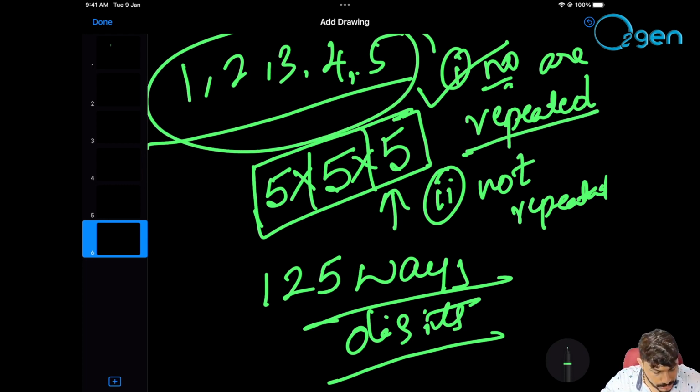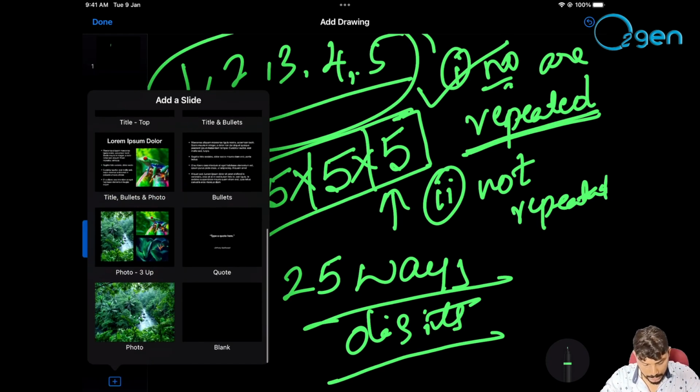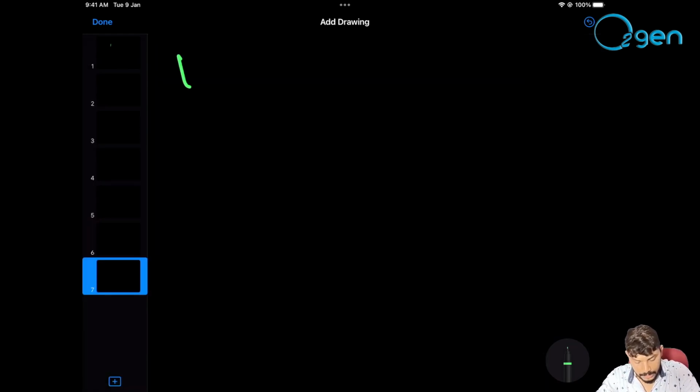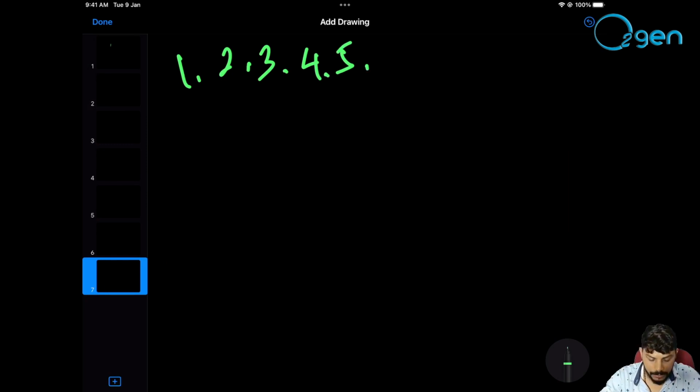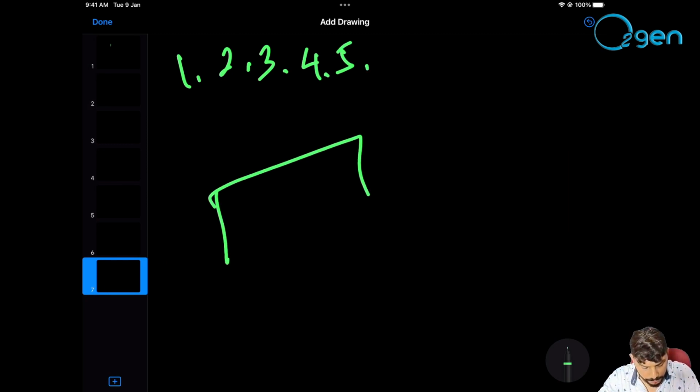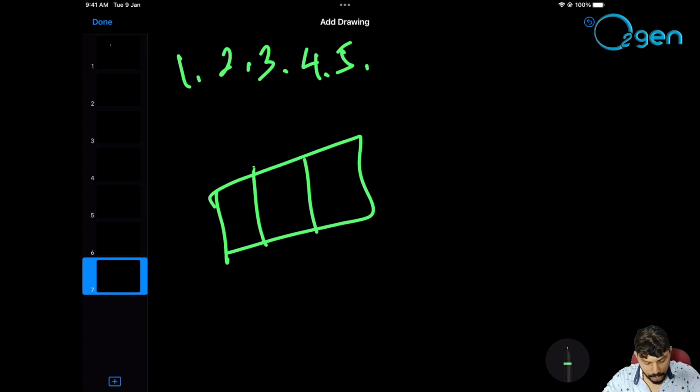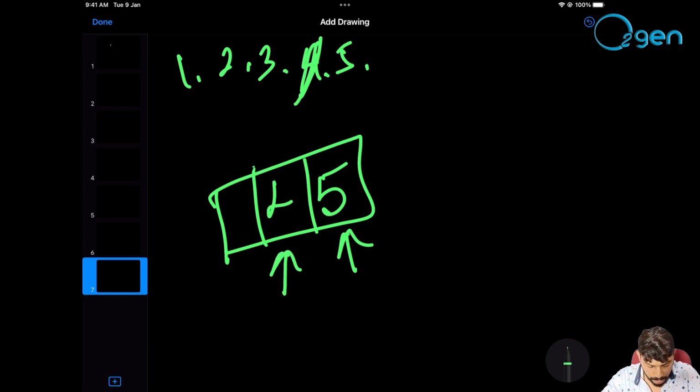There is one more condition: the same numbers 1, 2, 3, 4, 5 when repetition is not allowed. We have 5 numbers, so for the unit place there are 5 different ways. If I fill in 4, then only 4 numbers remain for the tens place.